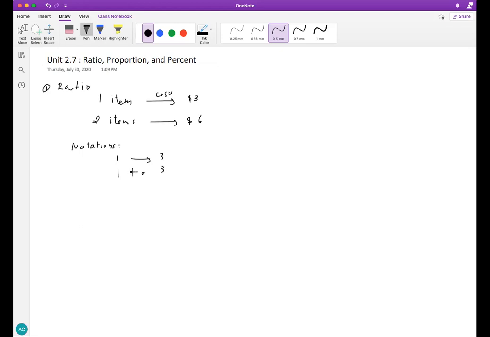But the standard notation for ratio is a colon, like 1:3, for example. They all mean the same thing, but this is the standard notation for ratio. Sometimes we use 1 by 3, or we can even express them as fractions, 1 over 3. All these express what we call ratios.